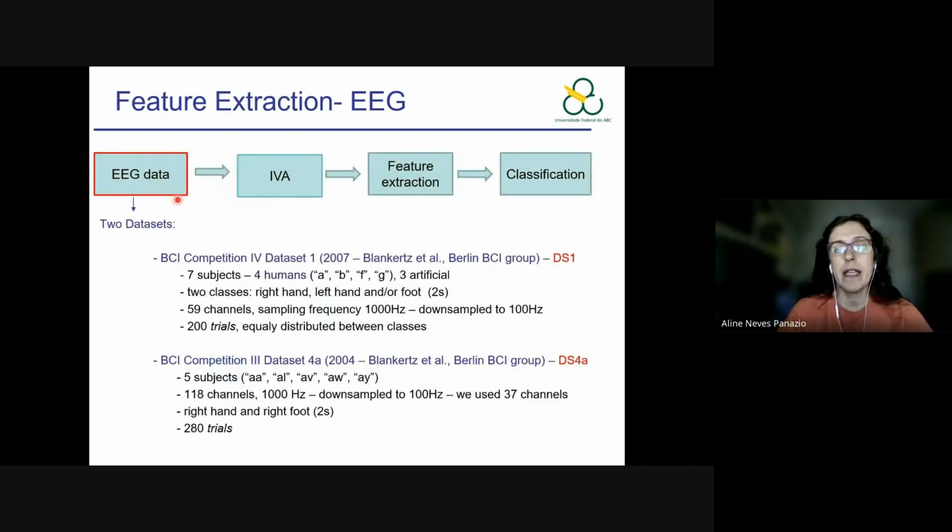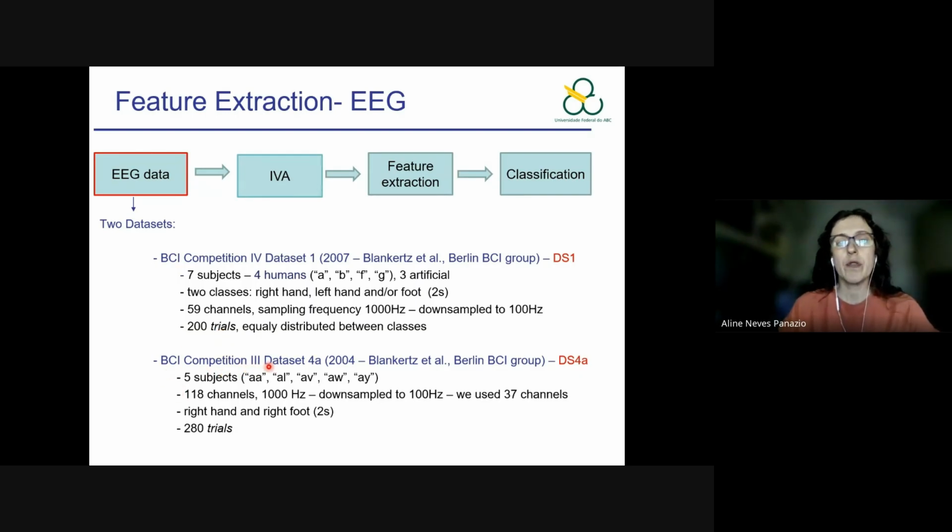So here is our processing pipeline. As EEG data, we used two data sets that are well known in the literature, BCI competition 4 data set 1, that we named DS1. Here we only used the signals from the 4 humans. We considered 2 classes, right hand and left hand or foot. Signals were collected using 59 channels and 200 trials.